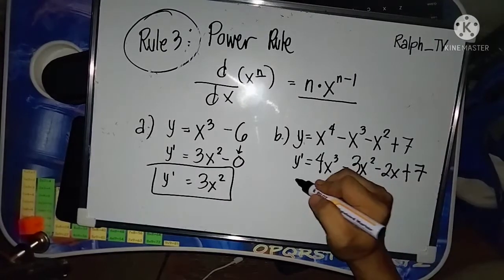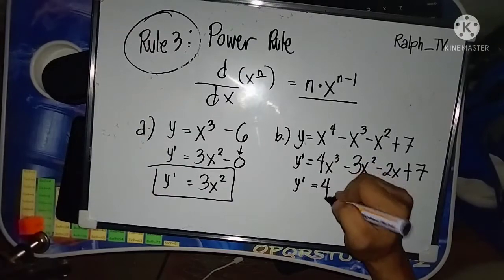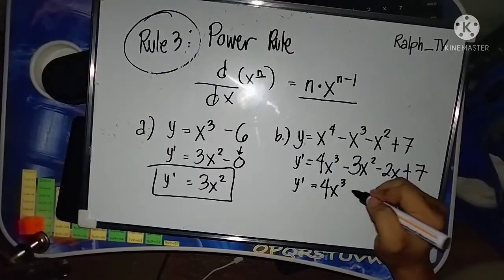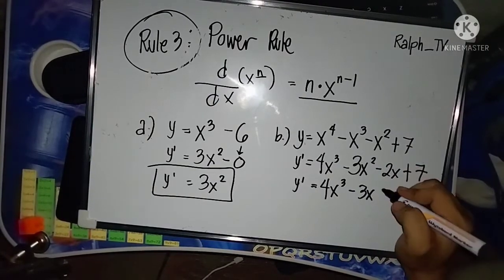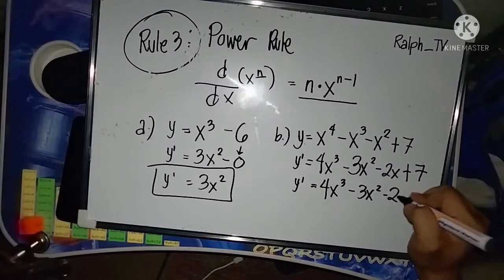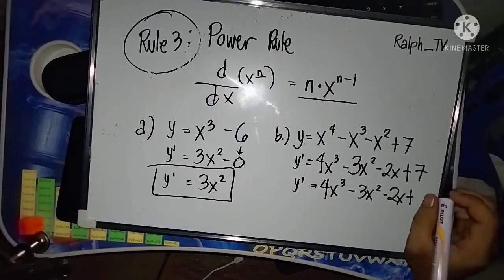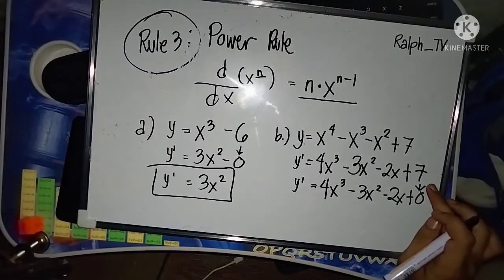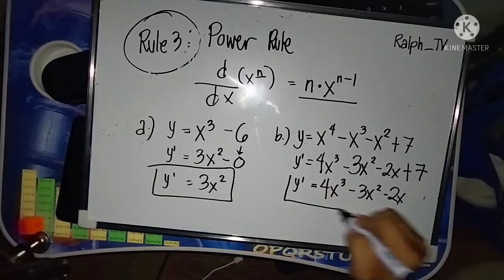So, we have y prime is equals to 4x cube minus 3x squared minus 2x plus derivative ng constant is 0. So, pwede natin, hindi na natin siya ilagay. So, ito na lang. So, that's the final answer.